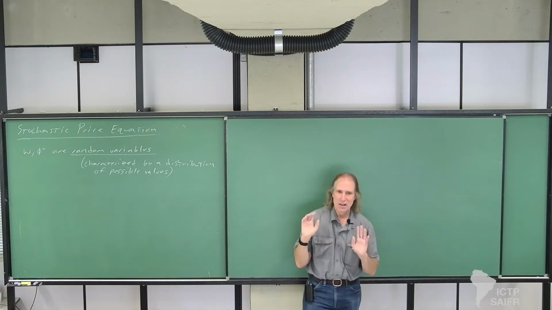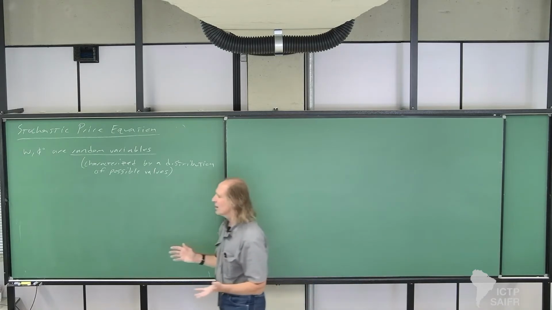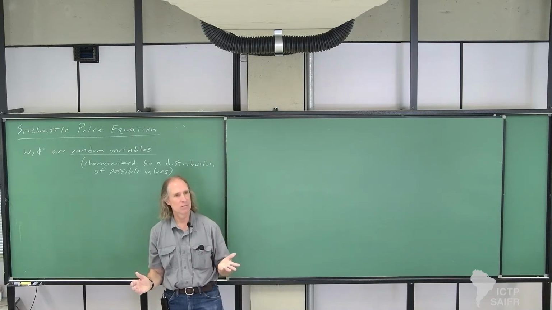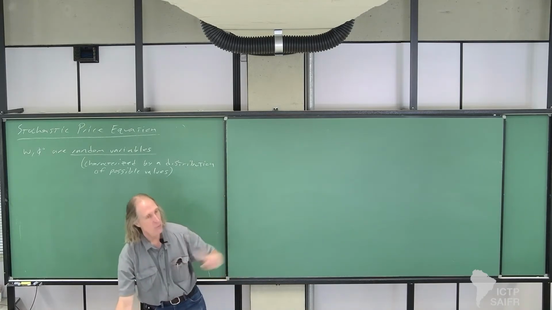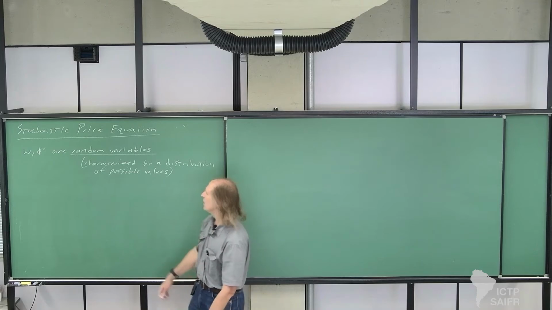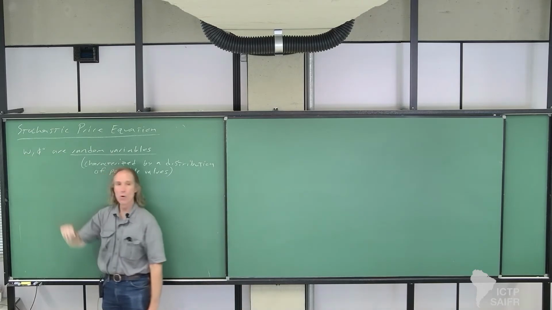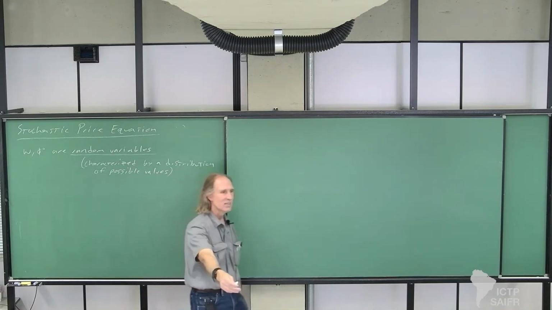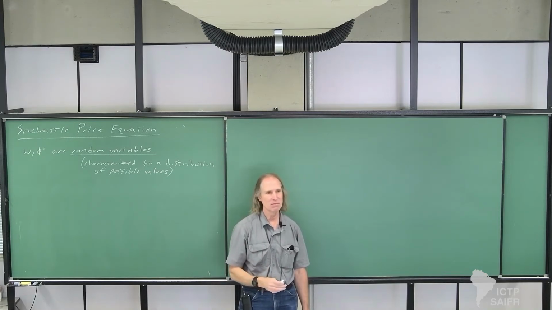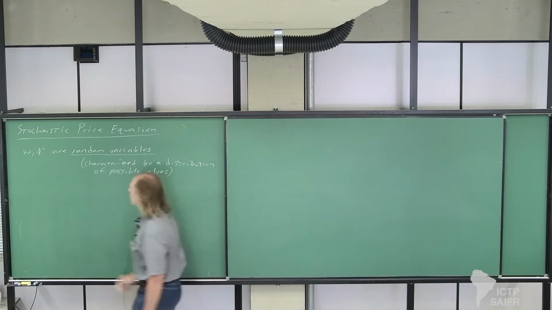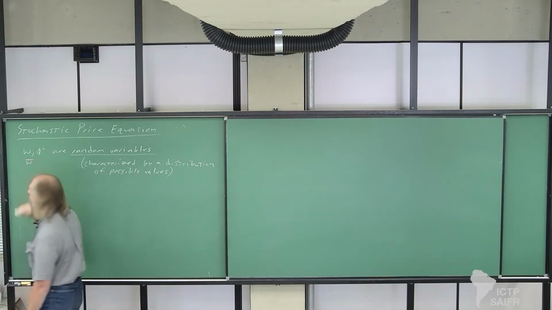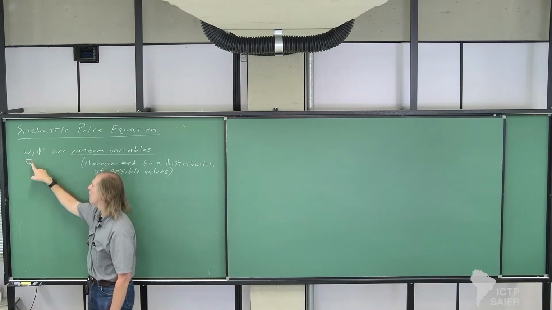So parent phenotype, things like that, are not random variables. Okay? Offspring phenotype is a random variable. Fitness is a random variable because before reproduction, you don't know how many descendants an individual is going to leave. Okay? Another one, mean fitness, W bar. That's the average in a population.